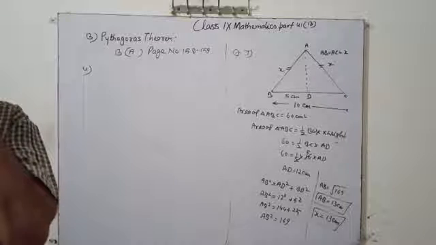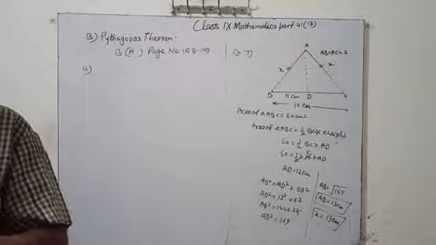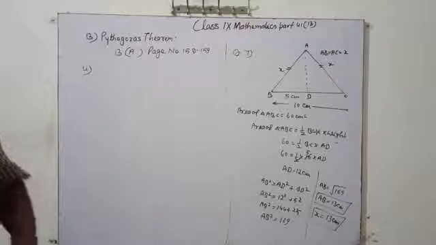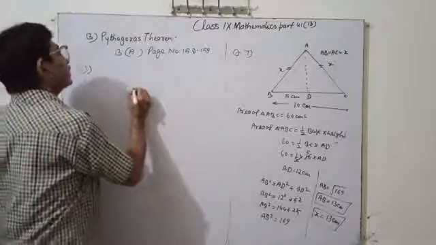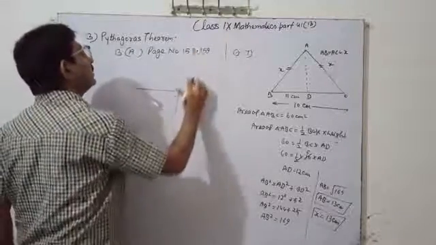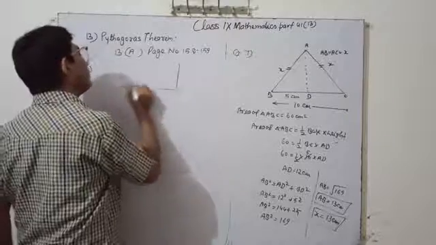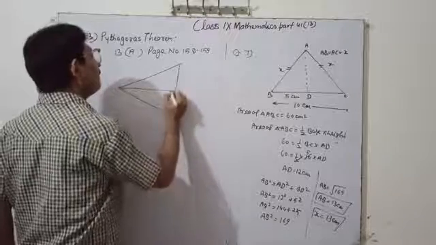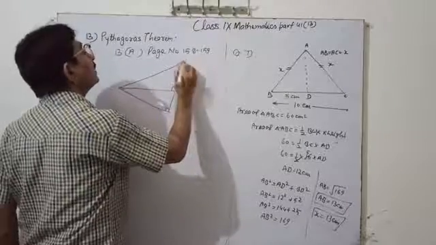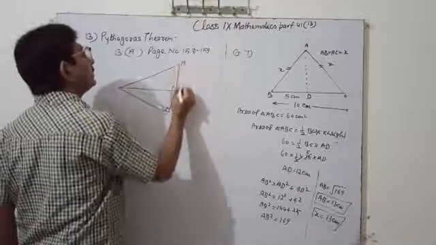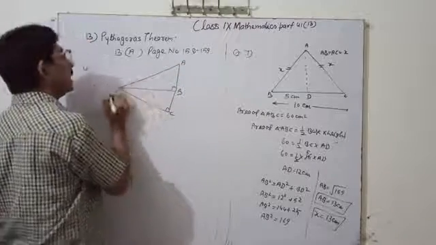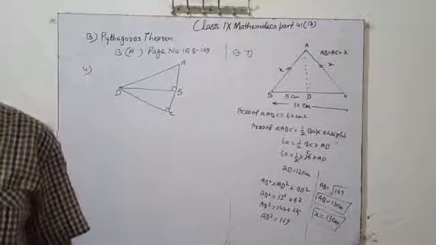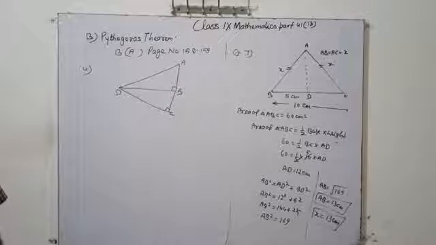The given figure shows a quadrilateral A, B, C, D, like this quadrilateral here, as shown in the figure.